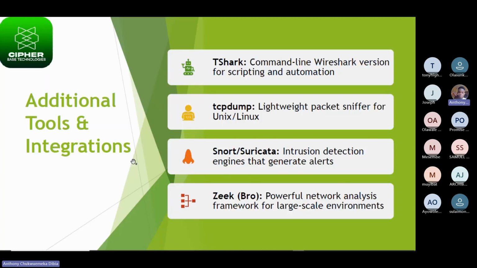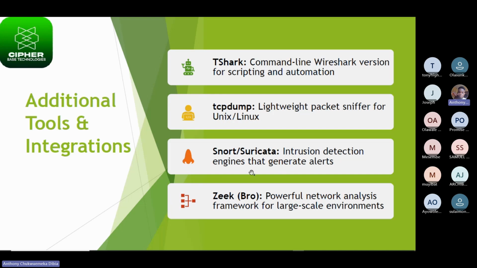Now we have additional tools and integrations. We have TShark, which is the command line Wireshark version for scripting and automation. We will try and see what it does. We also have tcpdump, which is a lightweight packet sniffer for Unix or Linux.